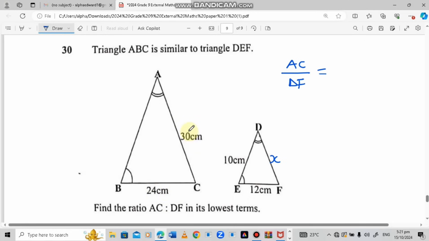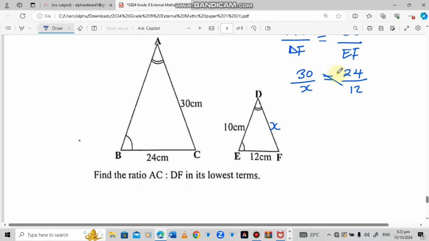In the first place, we started with the length of the bigger triangle, so we must maintain that: BC over the length of the smaller triangle EF. AC is 30, so we have 30 over DF, DF is X, the one we are looking for, equal to BC. BC is 24, so we have 24 over EF. EF is 12.